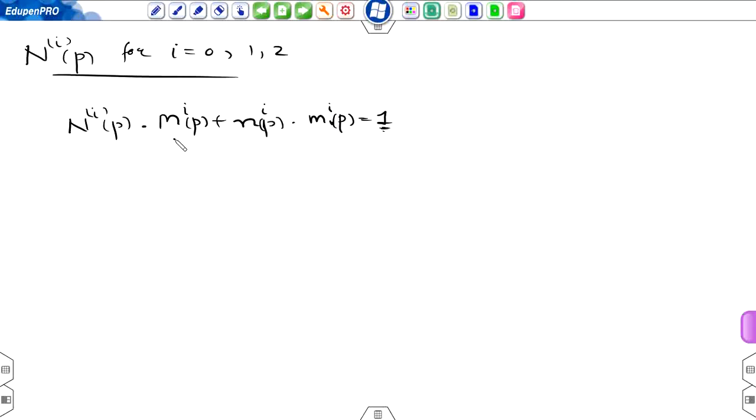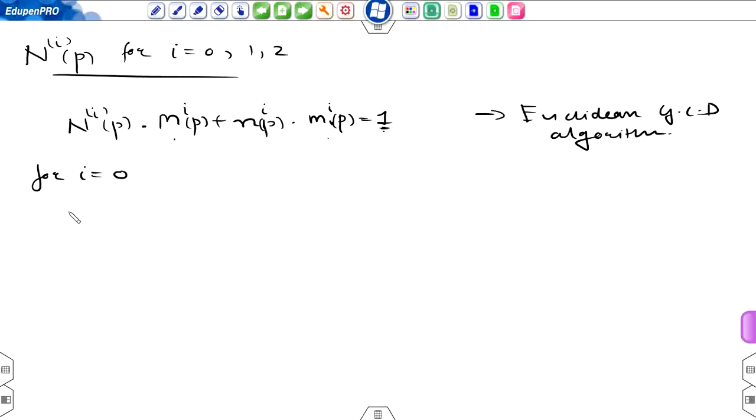This is because 1 is the GCD of capital M(p) and small m(p), that is known, and that you have to solve using the Euclidean GCD algorithm. Okay, so for i equal to 0, I have N0(p) dot M0(p) plus small n0(p) dot small m0(p), that is equal to 1.